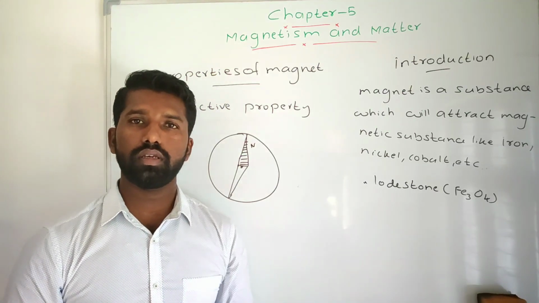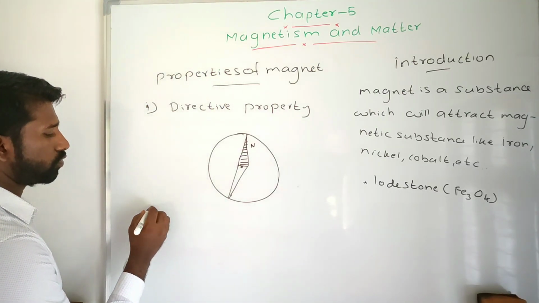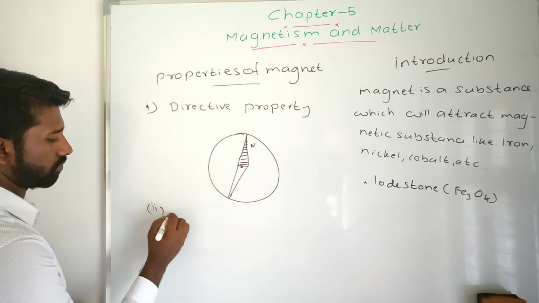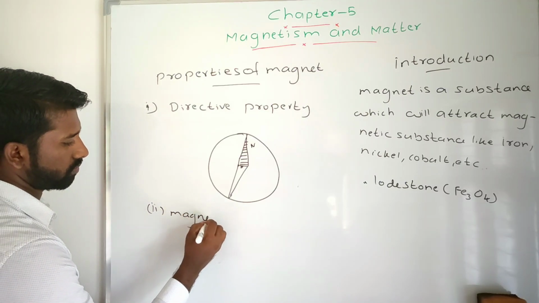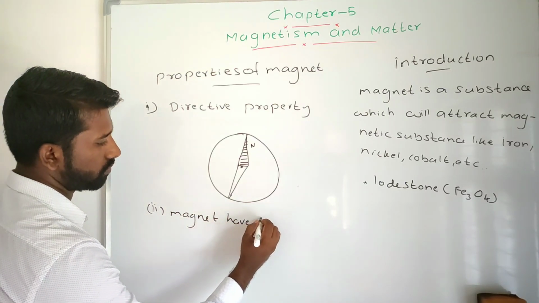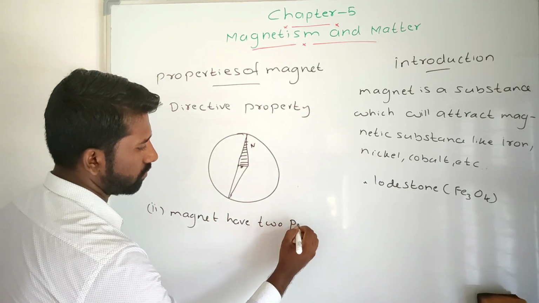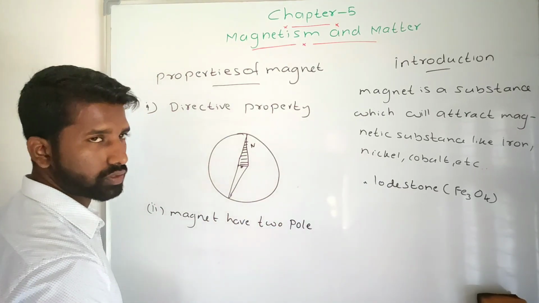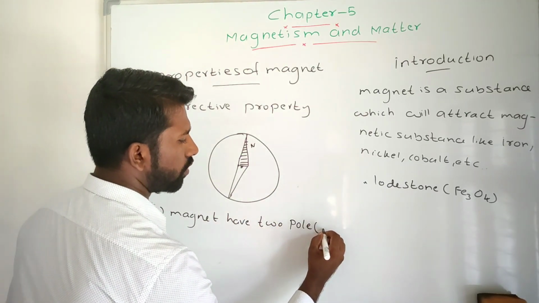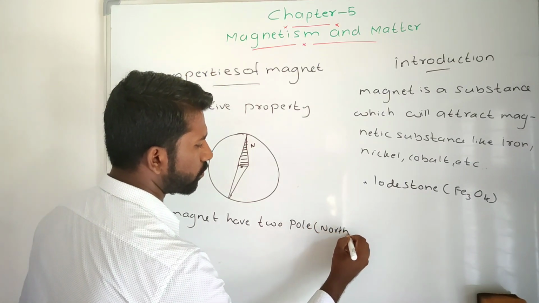The next property is that a magnet has two poles. One is the north pole and the other is the south pole.